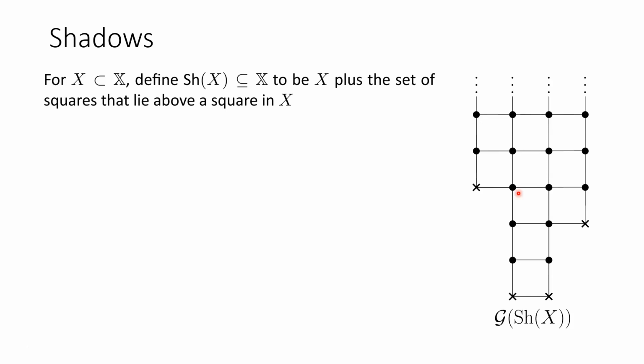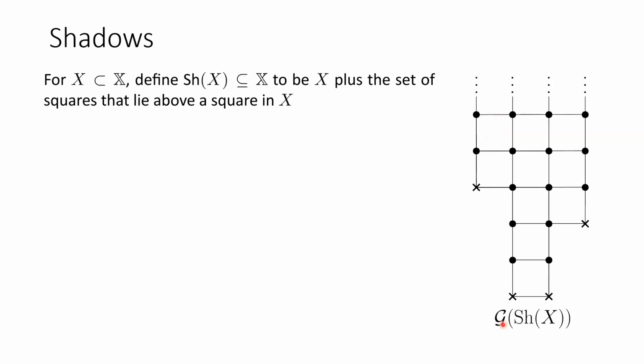For that, we'll just need a few definitions. For a subset X of the infinite grid of unit squares, we define the shadow of X to be X plus all the squares that lie above X. So this is an infinite set. In the example here, the crosses are X and all the dots are the squares that are above them.